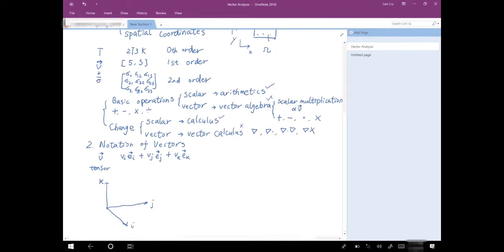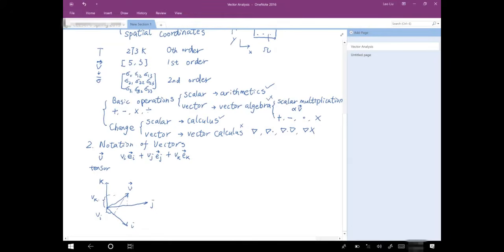So here we have a vector v. The reason why we can write it in this way is that we project this v onto the 3 axes. So we will get 1, 2, and 3. The magnitude, for example, of this one is v_i, and the magnitude of the projection on the k-axis is v_k.